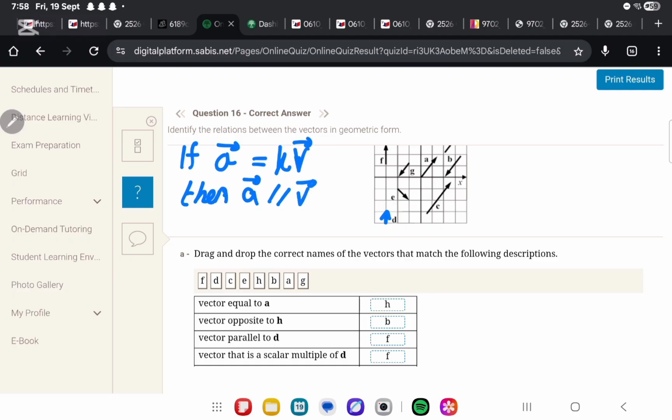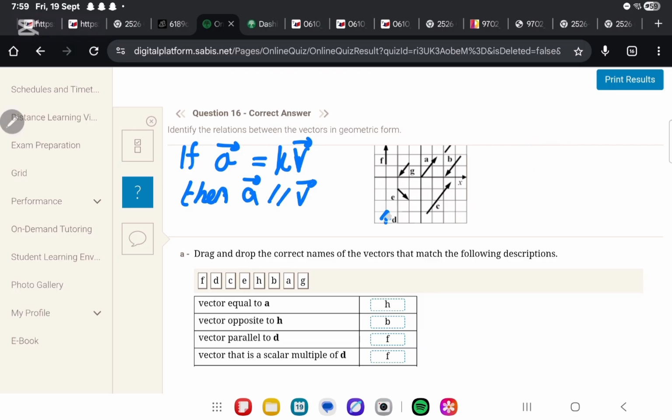So, if they ask you if two vectors are parallel, it doesn't mean that they have to have the same magnitude, no. I could have a vector A like this, and then another vector V like this. They are parallel, they're never meeting, but vector V is clearly bigger, right? So, they are parallel, and this rule will always apply. If A is equal to some constant multiplied by the vector V, then vectors A and V are parallel, okay?